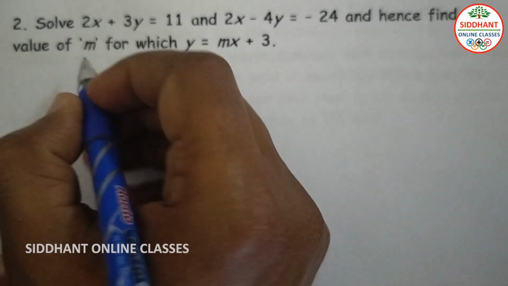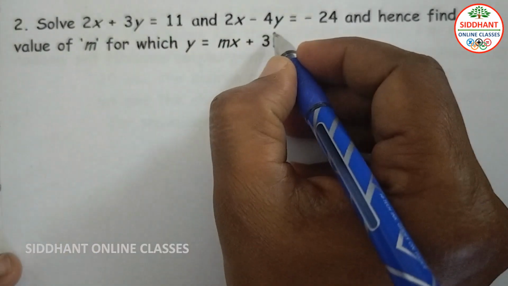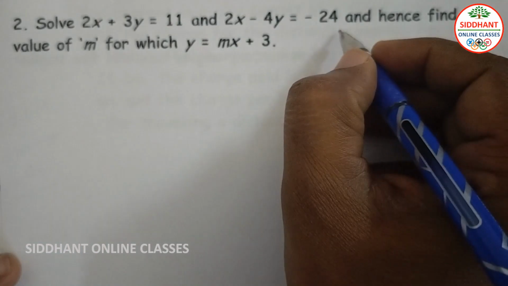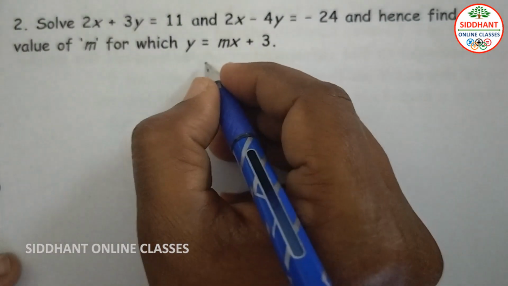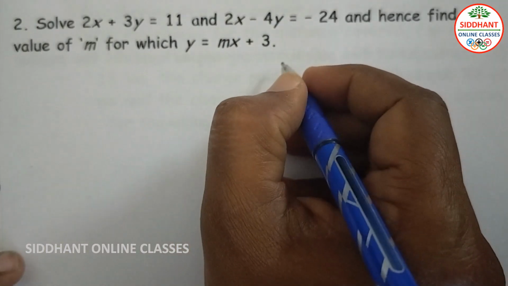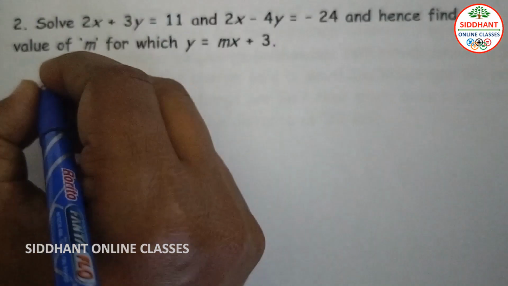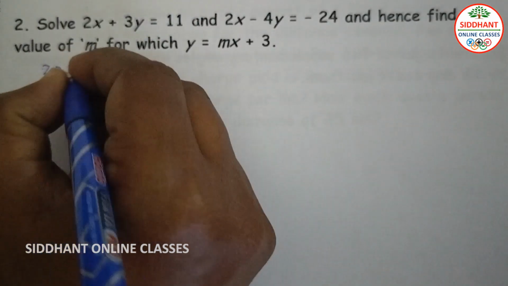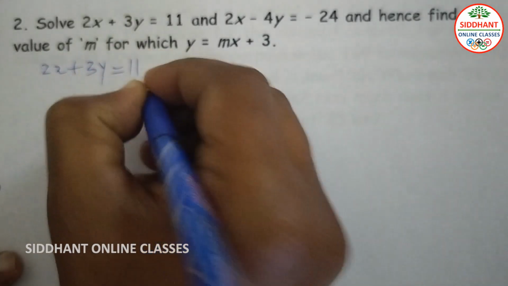Question number 2. Solve 2x plus 3y equal to 11 and 2x minus 4y equal to minus 24, and hence find the value of m for which y equal to mx plus 3 here. So here first equation, when you are going to see 2x plus 3y equal to 11.